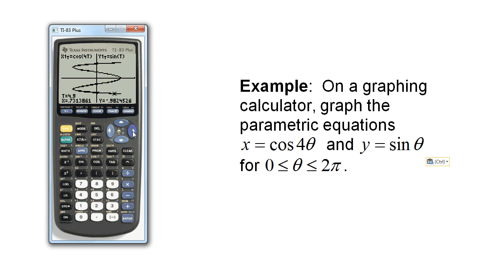At about 4.7, it comes back, and at 2 pi, which is about 6.2 or 6.28, I end up where I started. So it's often interesting to see the orientation or the path that your graph follows as you change the values of t.